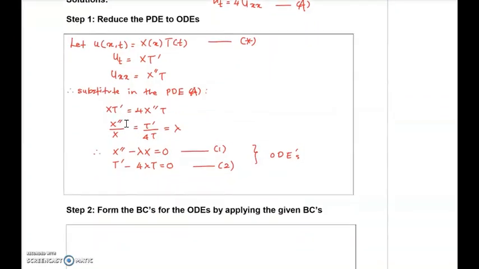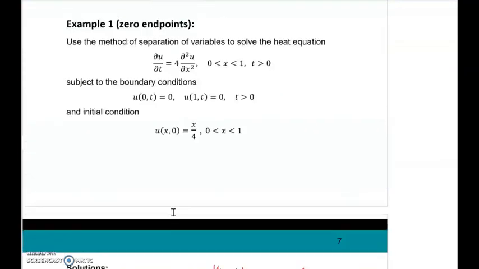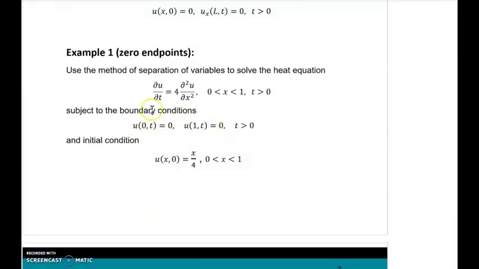The second step is to form the boundary conditions. BC stands for boundary conditions for the ODE, obtained by applying the given boundary conditions. The conditions given in the problem are for the PDE.